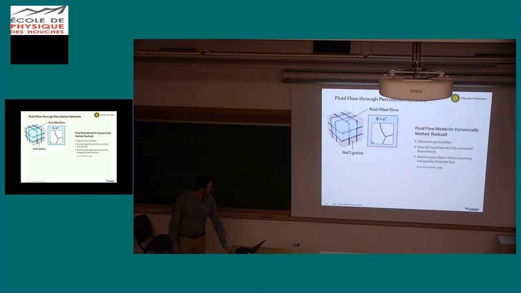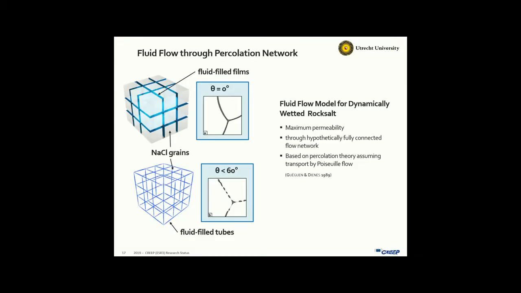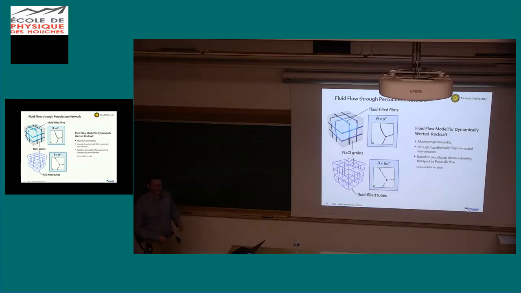under natural conditions. We have a fluid flow model where we assume the grains are completely wetted and it's a completely connected pore network, compared to a situation where the dihedral wetting angles are organized so that it's more like individual tubes that are connected, but we assume it's well connected so that we get maximum permeabilities.